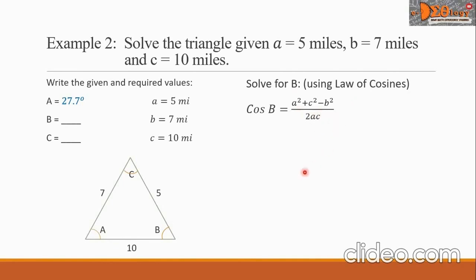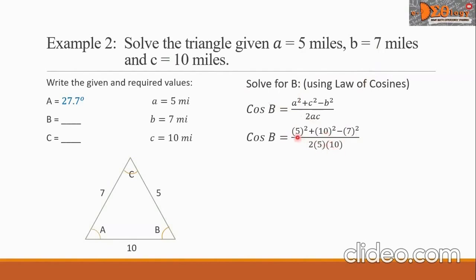Let us substitute the values. So this is now cosine B equals 5 square plus 10 square minus 7 square all over 2 times 5 times 10.